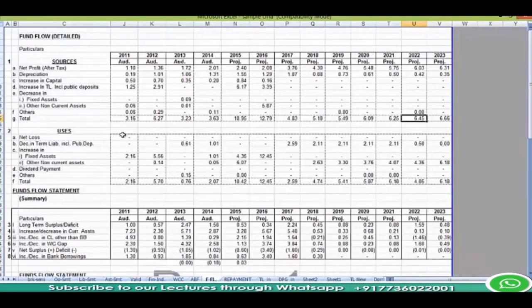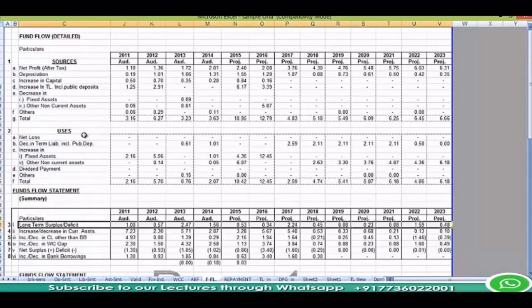This statement would list out all the sources of funds, and when we say sources, all long-term sources, and it will also list all the uses, I mean, what are the long-term uses. Sources and uses will be shown separately. Then at the end of it, it would give what is the surplus or deficit out of all these sources.